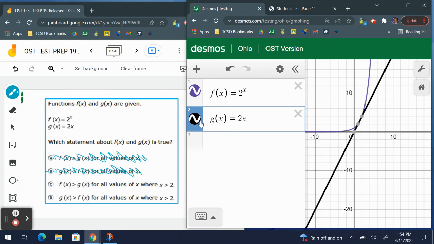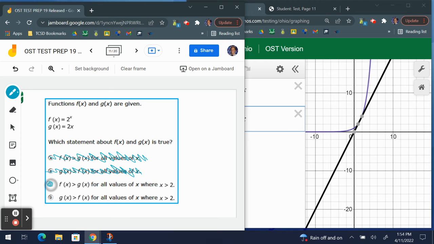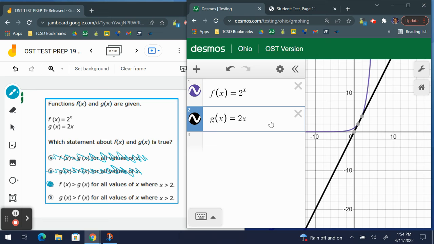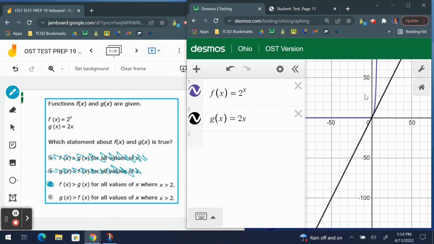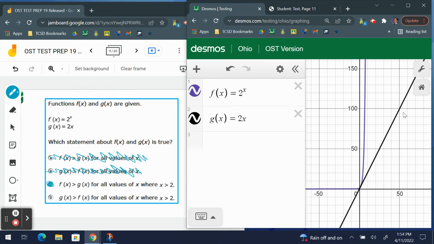So that is a true statement, and I'm going to circle that one for right now. And g of x, the black line, is always below f of x after 2.